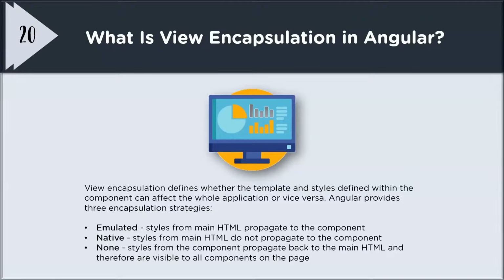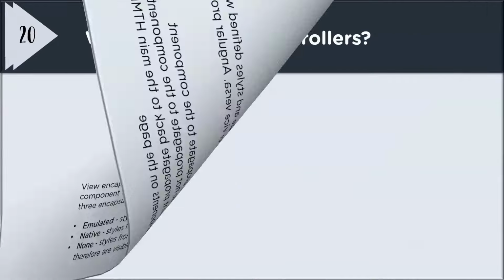Then there is native, which indicates that the styles from the main HTML do not propagate to the component, meaning it does not affect the component. And lastly, there's none, which means that styles from the component propagate back to the main HTML and therefore are visible to all the components on the page. Now this indicates the different types of changes and how they are affecting the entire application.